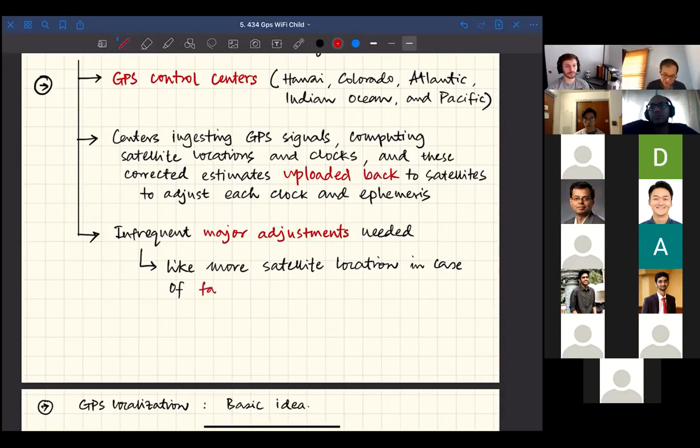So during failures or wars or surveillance scenarios, we might need to do these major adjustments. And GPS control centers control all of those adjustments.